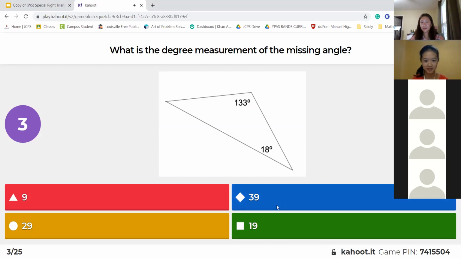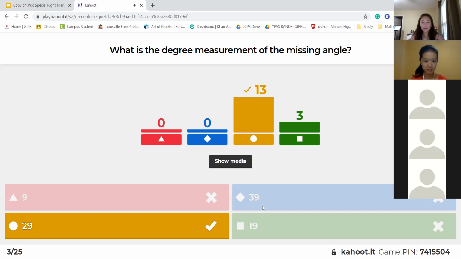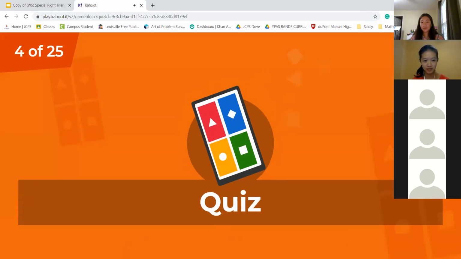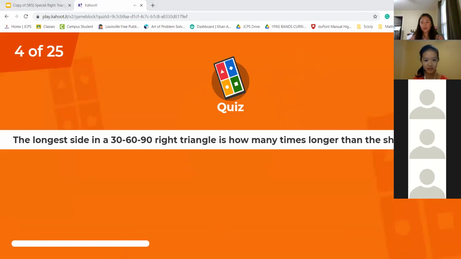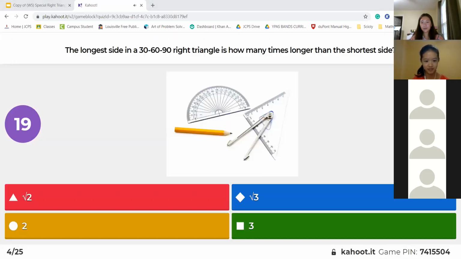Blue. Good job, guys. Oh, oops. Yellow, obviously. Obviously it's blue. Or you could combine it.